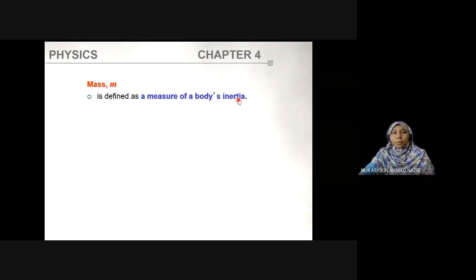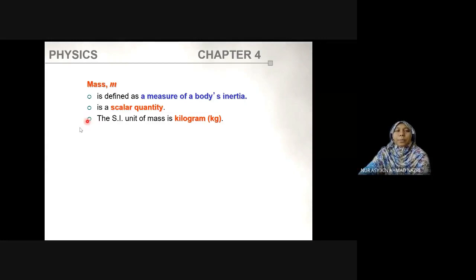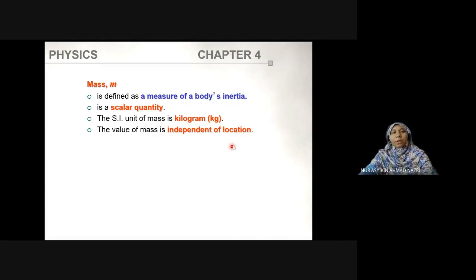Scalar quantity, kilogram, independent of location. So kalau dekat sini, mass awak banyak ni. Nanti awak pergi bulan, your mass akan sama juga banyak tu.